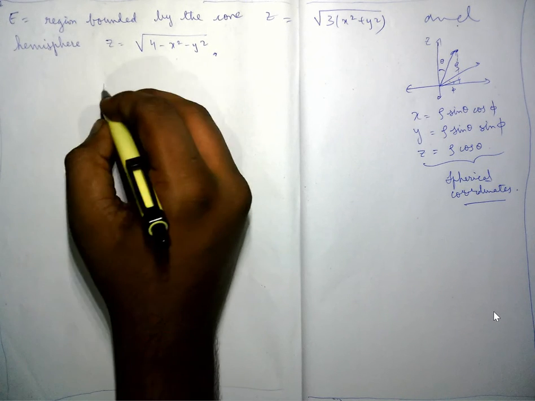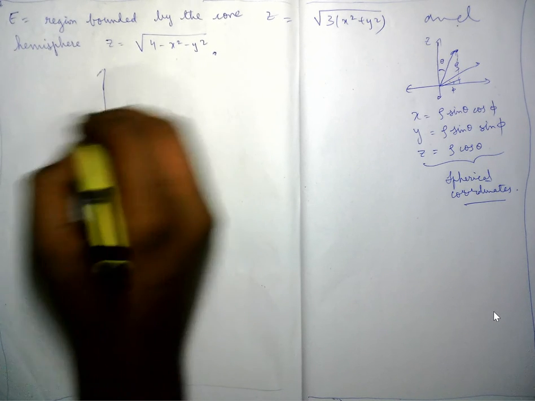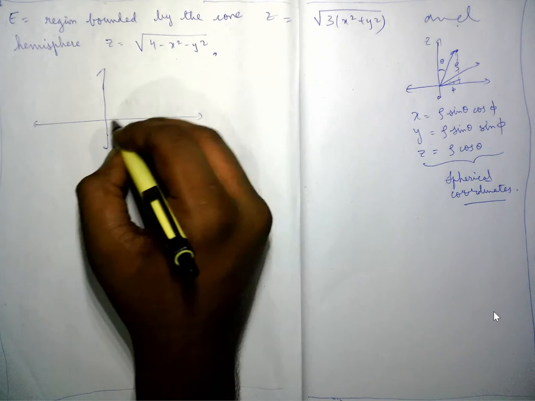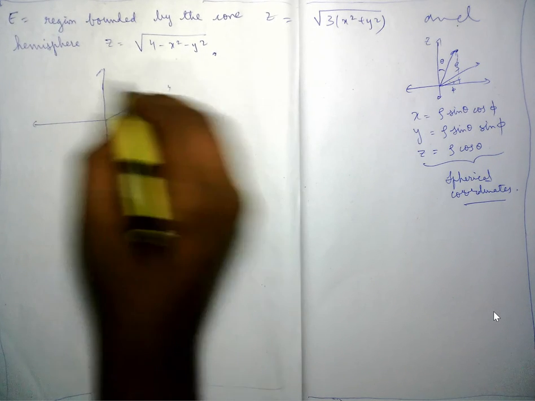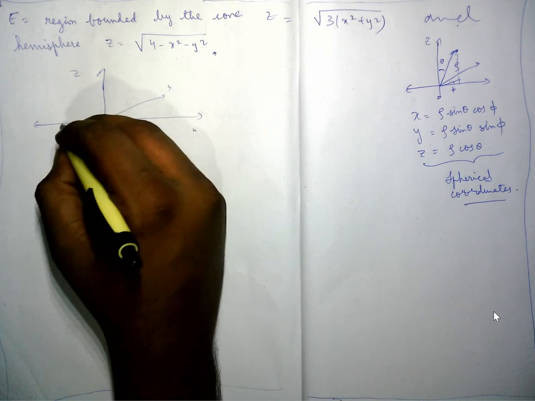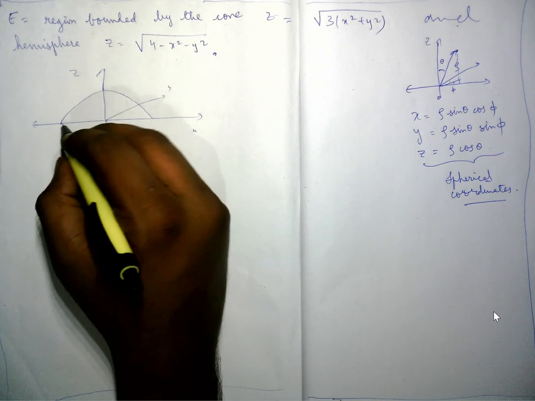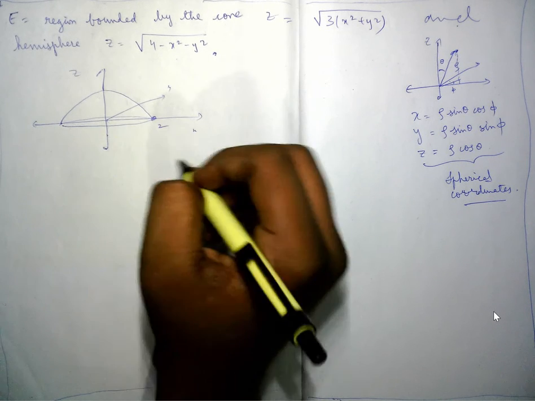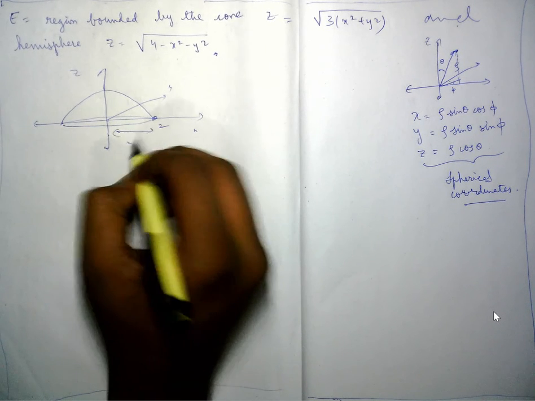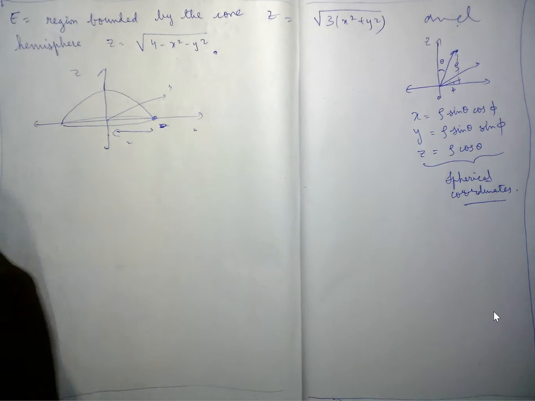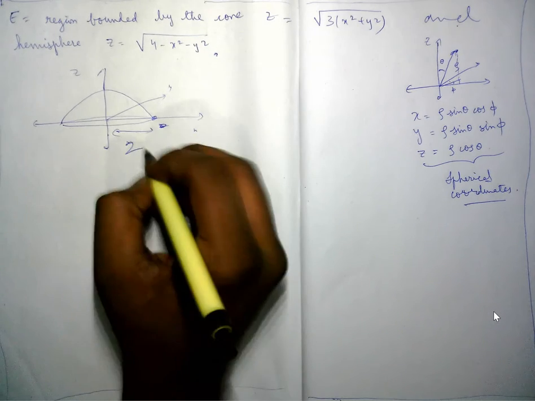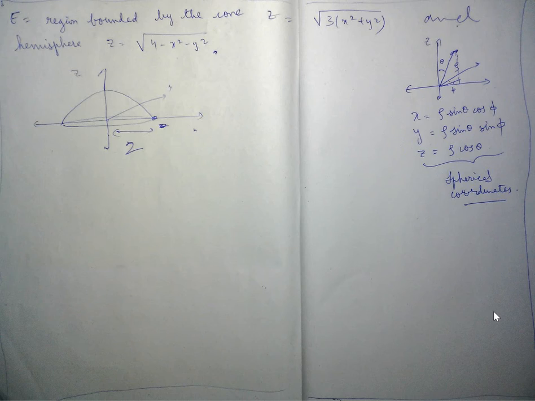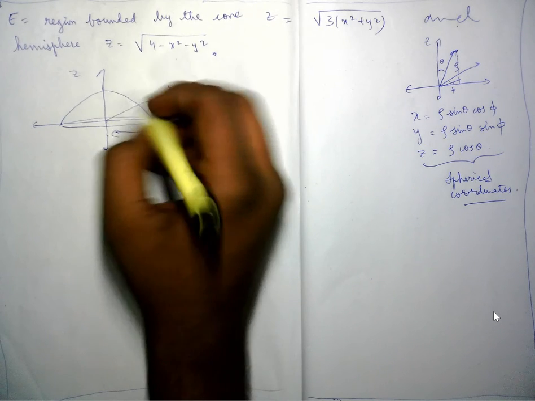So this is the xyz plane. This is a hemisphere of radius 2. And so we have the following cone.